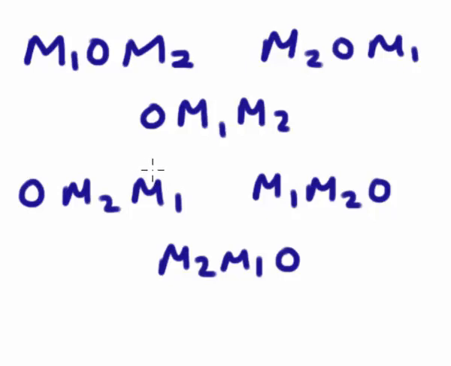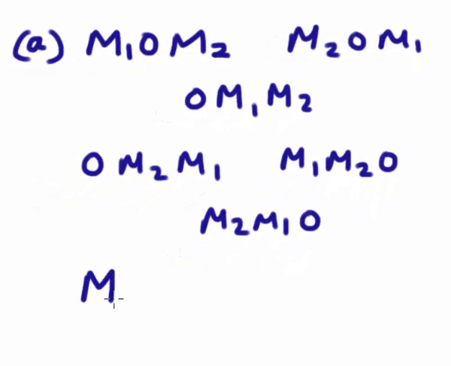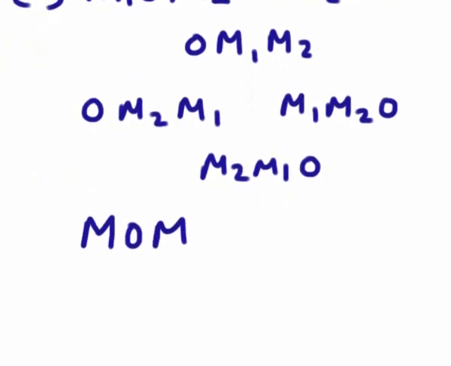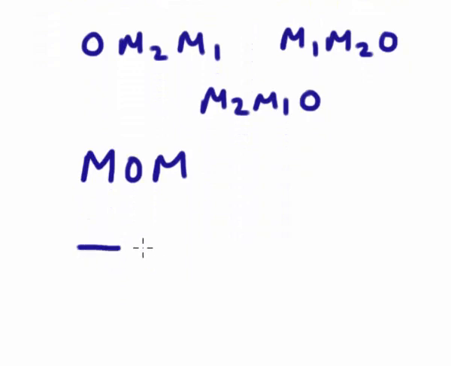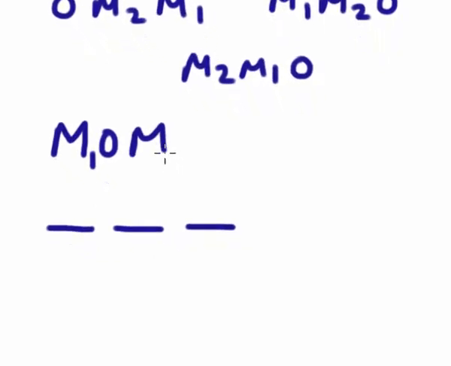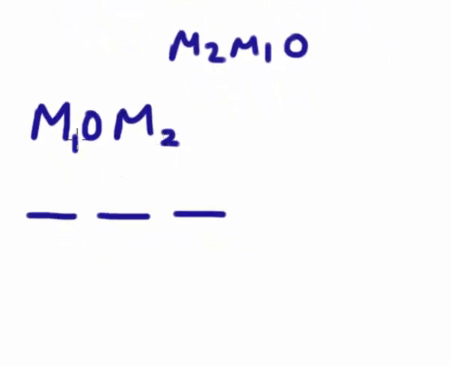So if you take M-O-M, how many letters are there? There's three letters, so if we think of it like we've done in the past, there's three spaces. You've got M1, O, and M2. How many choices do we have for the first position? 3.